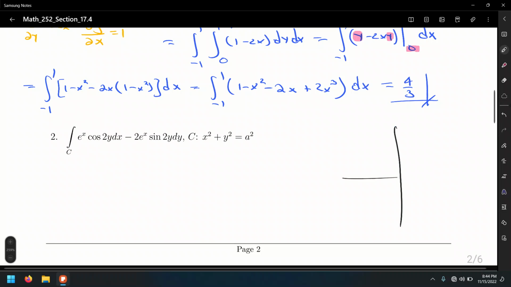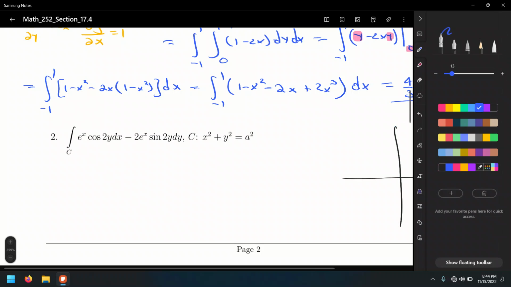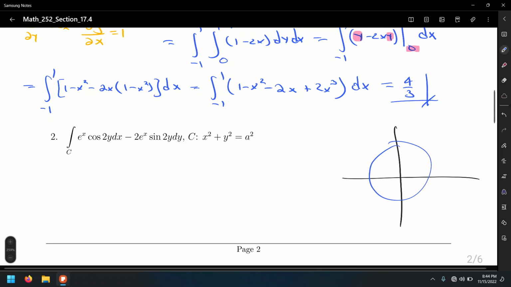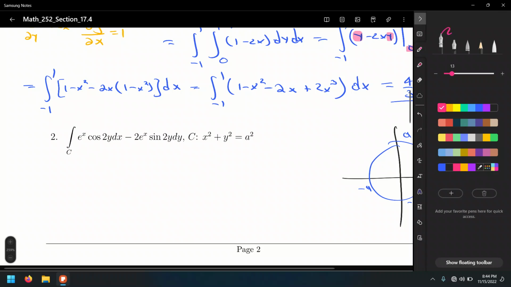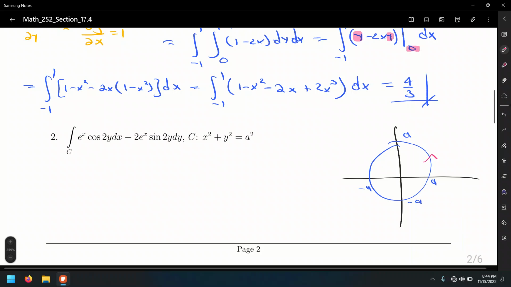And again, it doesn't have anything to do with independence of the path, because that's not what we're looking at this time. So that's negative a, negative a, and a. And let's make sure that this is oriented counterclockwise.